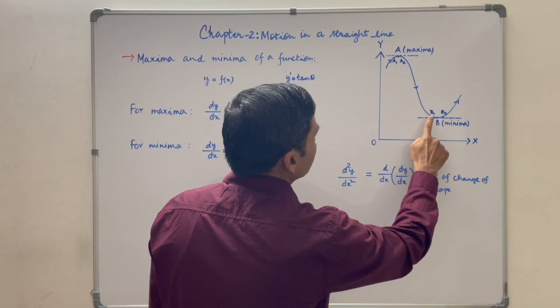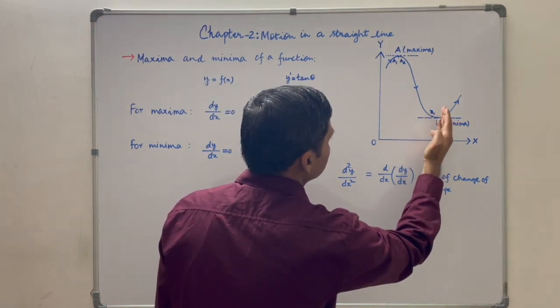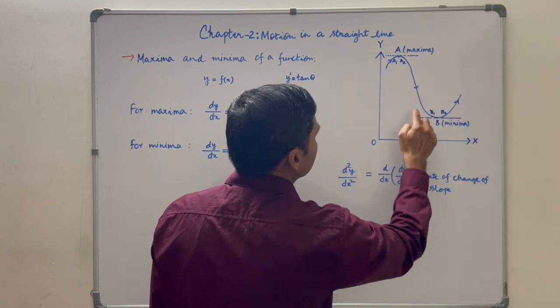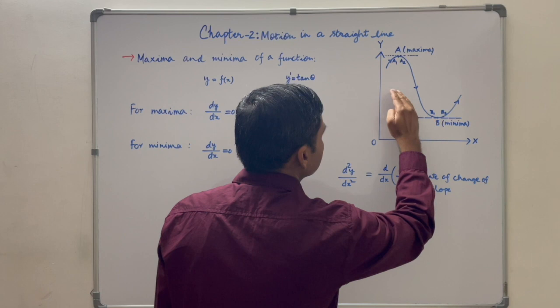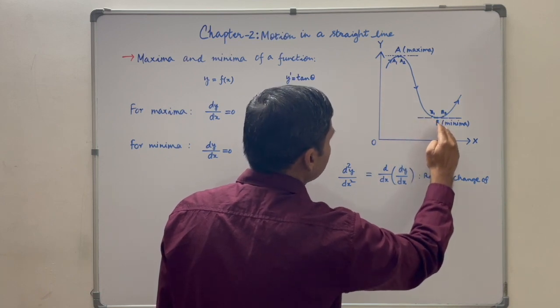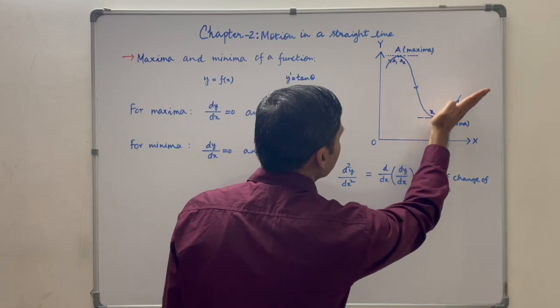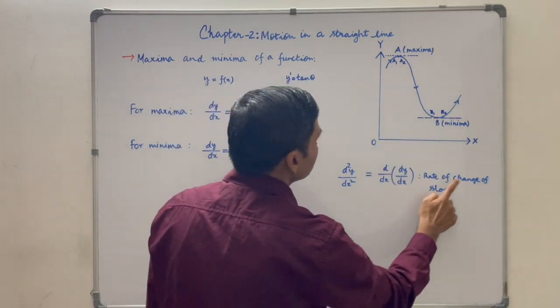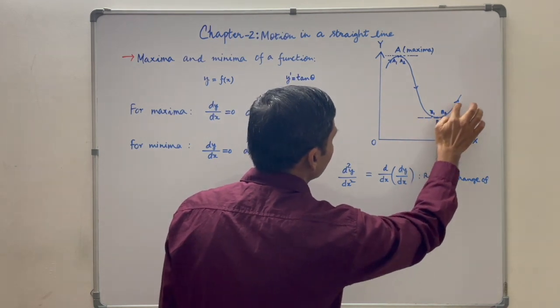Similarly, consider 2 points B1 and B2. B1 is to the left of B and B2 is to the right of B. Draw tangents at B1 and B2. The slope of the tangent at B1 will be negative. At B it is 0 and at B2 it will be positive. Means the rate of change of slope is going from negative to 0, 0 to positive.